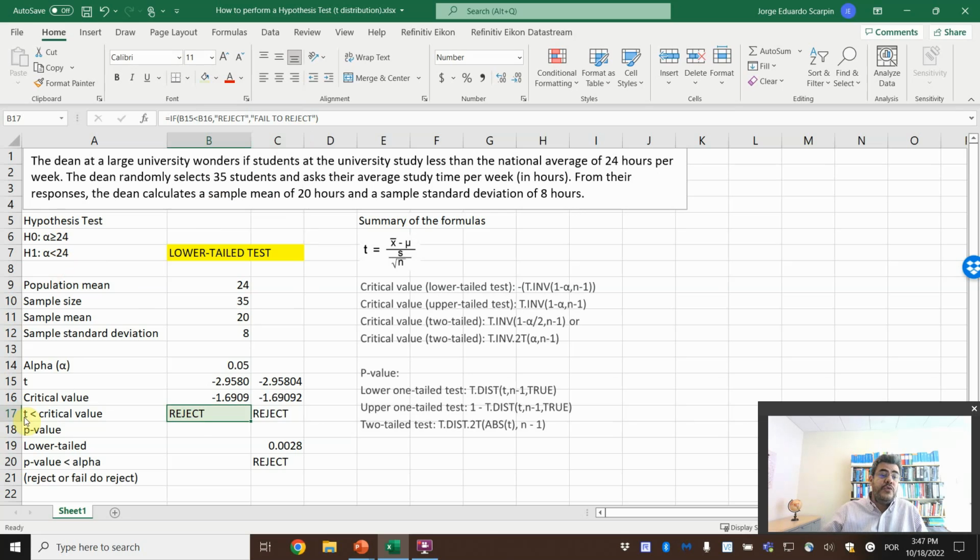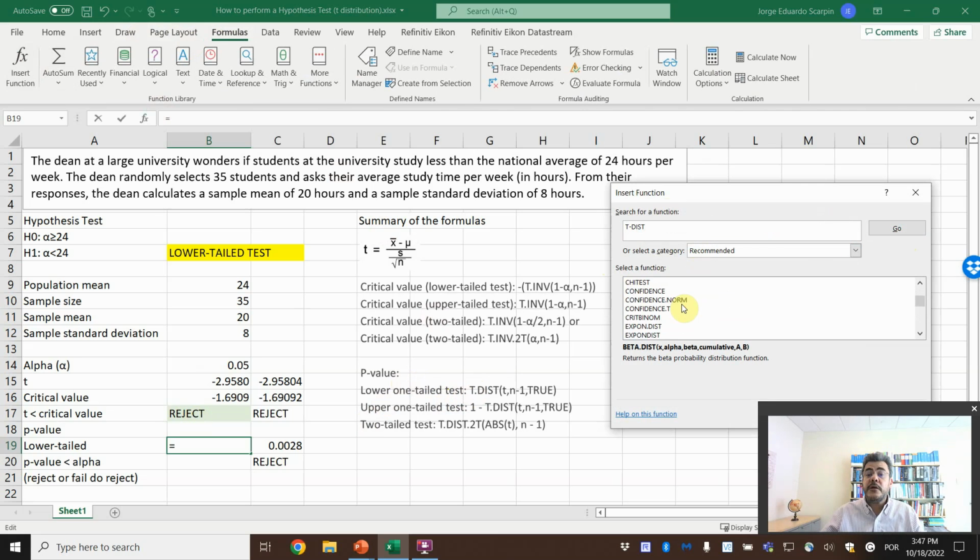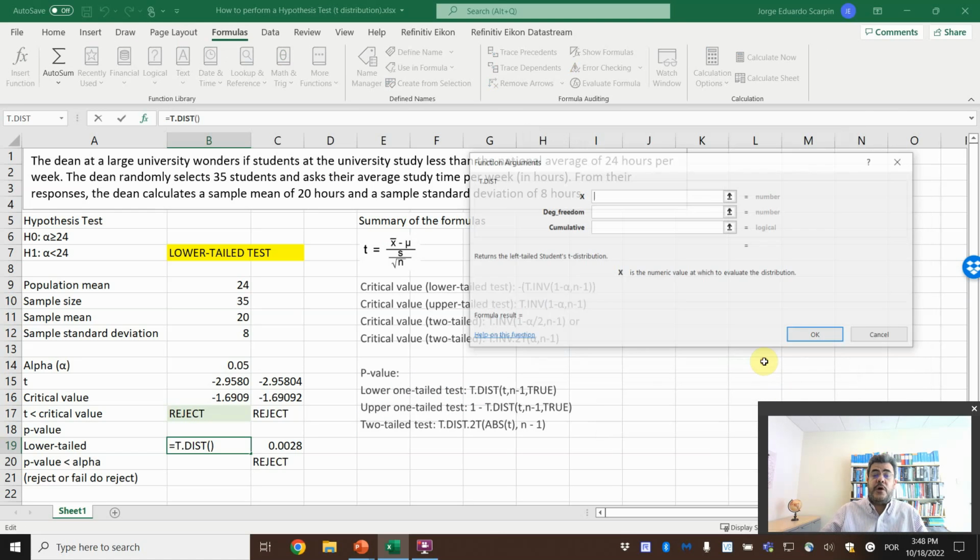However, how do we do the p-value for the one tail test? T.DIST. So let's go to formulas, insert function, all, and T.DIST. There are a lot of T.DIST functions here. T.DIST is the one that we want.